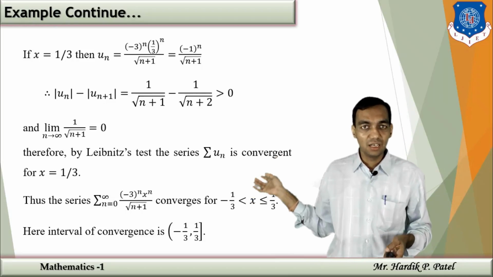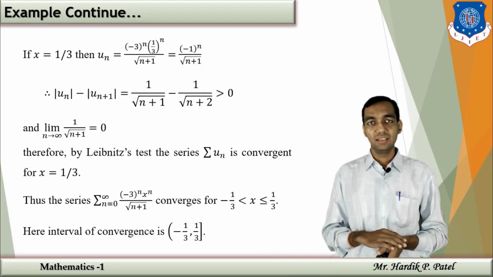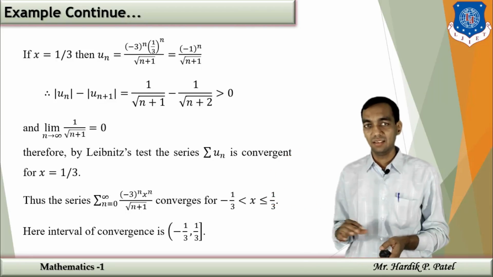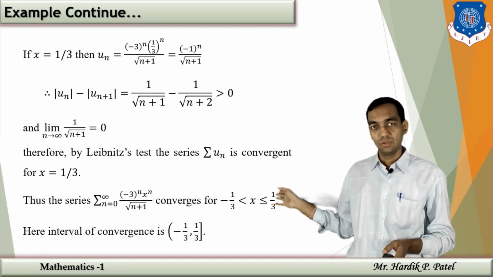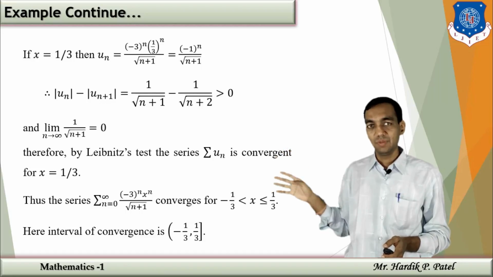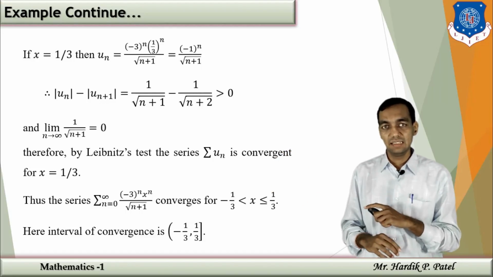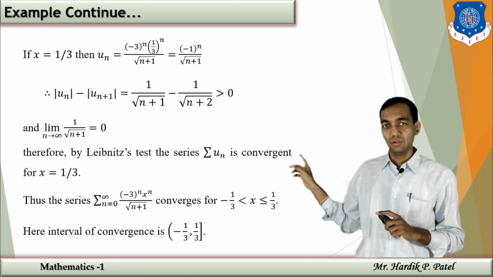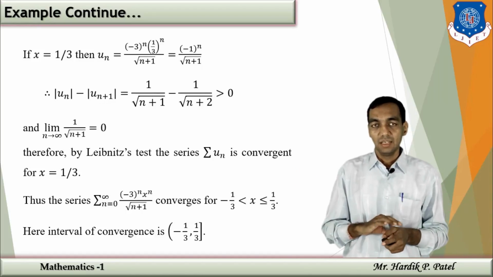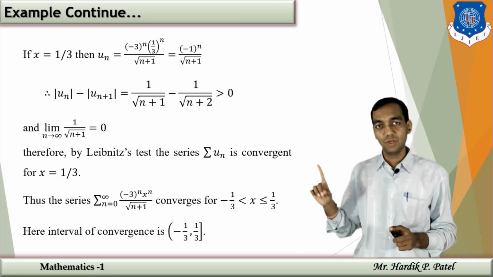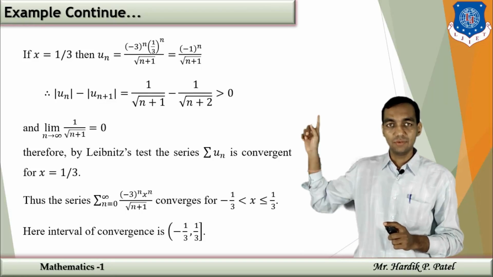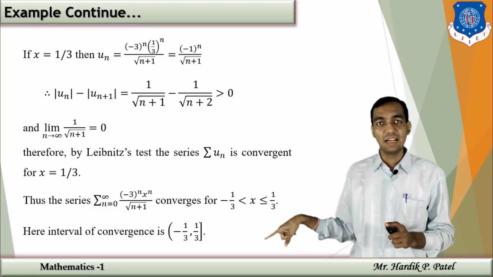And if you find the limit of mod Un, that means if you apply the limit to the nth term, then it will be 0. So both conditions of the Leibniz test are satisfied, and that's why this series is convergent for x is equal to 1 by 3. So for x is equal to 1 by 3, your series is convergent. For x is equal to minus 1 by 3, your series is divergent.